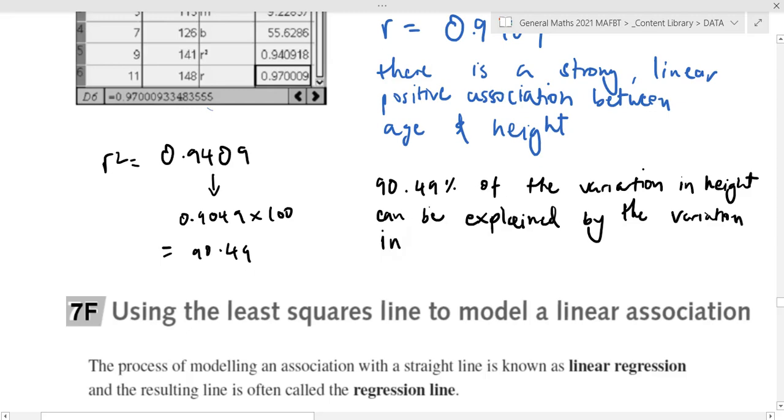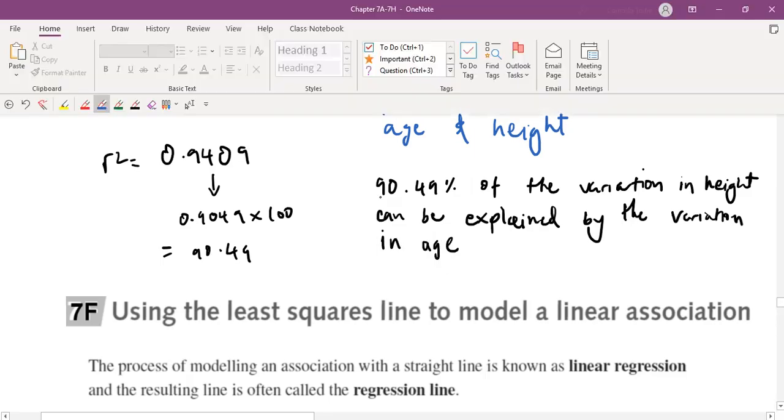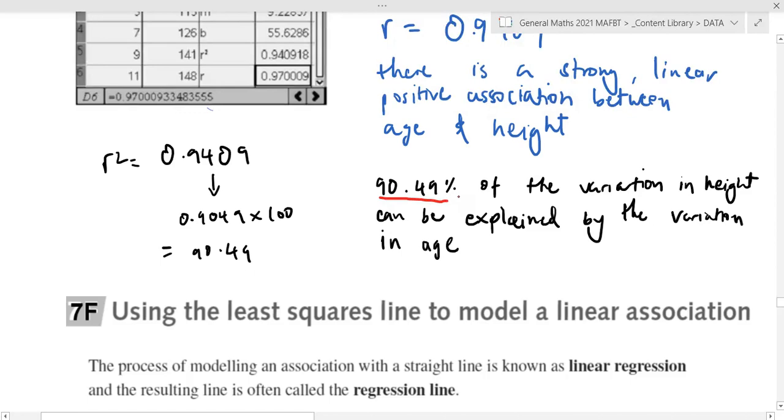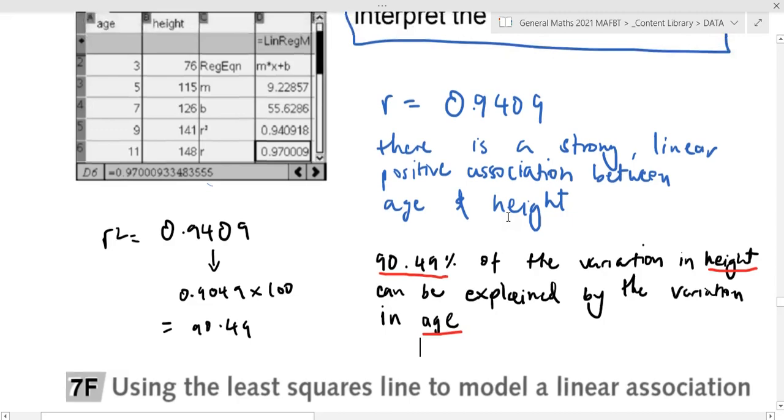The EV is age. So these are the main things you're including here: you want to talk about what the percentage is, and then explain what the RV is and what the EV is, when interpreting the R squared value.